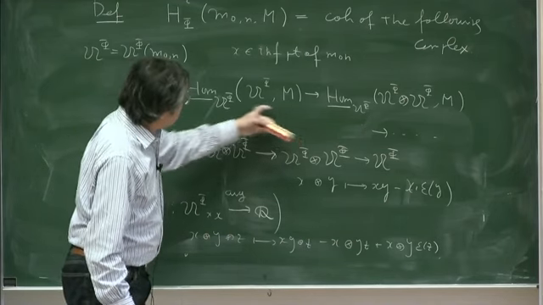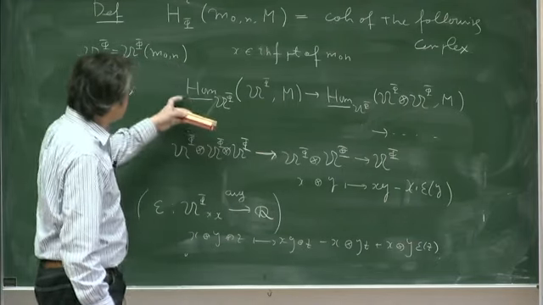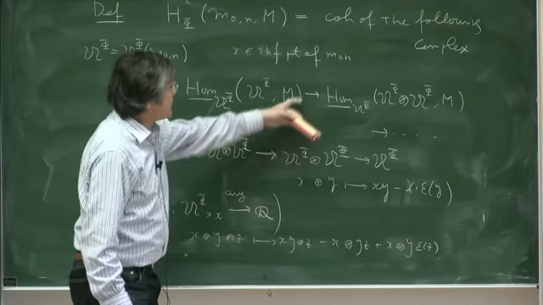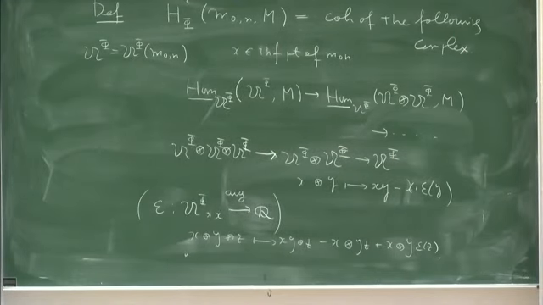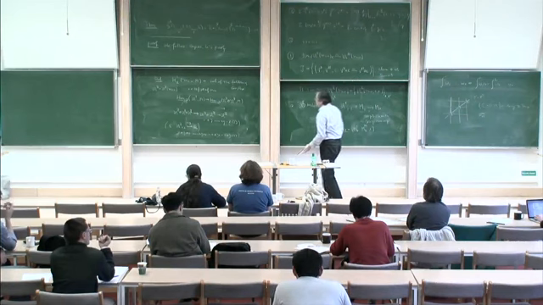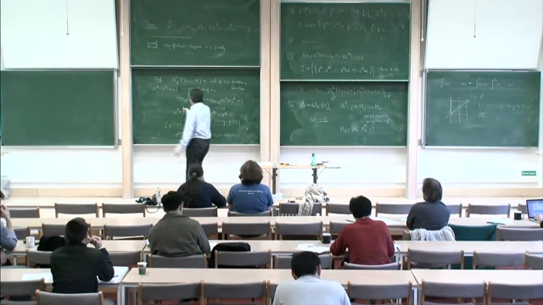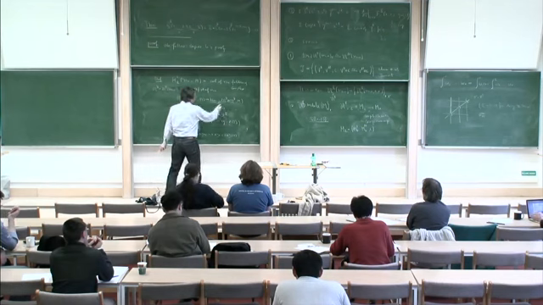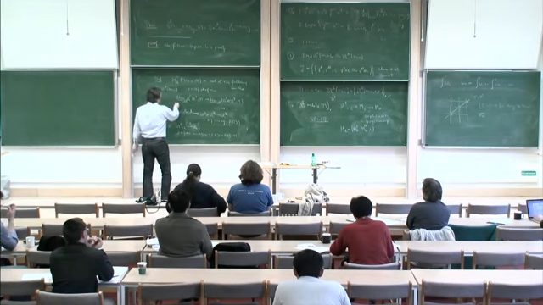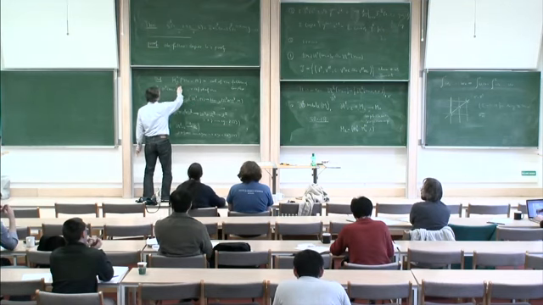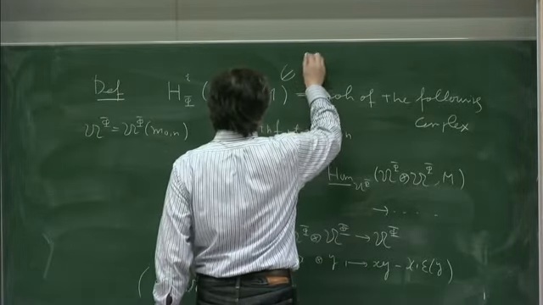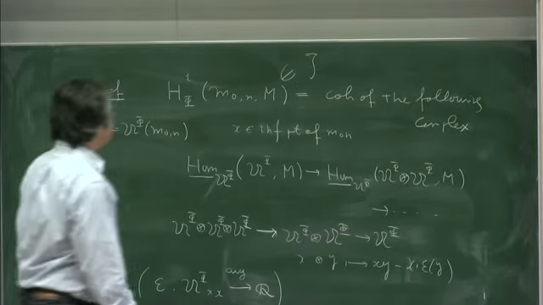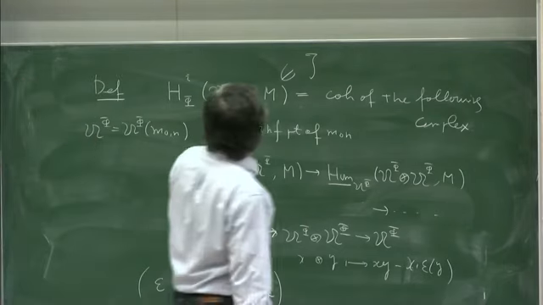Both are in category T, and this is also in category T. This is a Tannakian category, and it is closed under taking Hom. Therefore this is in category T. And taking the cohomology, this is an object in category T.